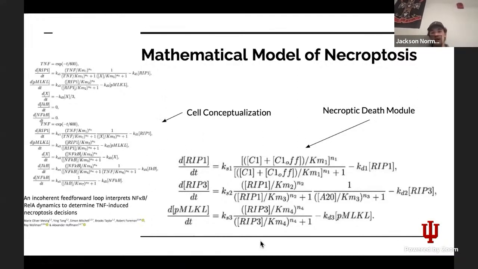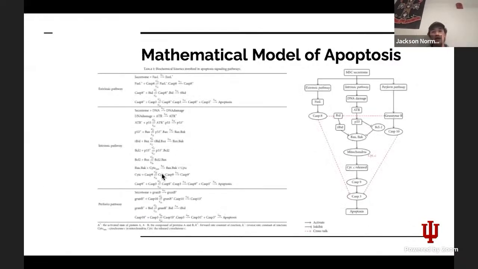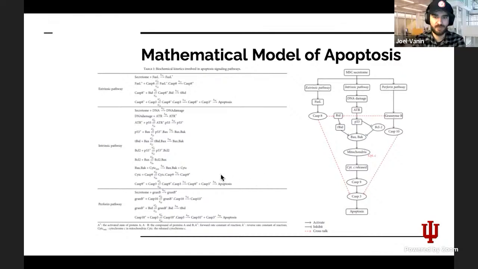And then this module right here decides whether the cell is going to undergo necroptosis or not. So hopefully, that's the next step for what we're trying to implement. And then after that, we found another model for apoptosis, and we're going to try to implement that next. Yep. So basically, those are the next steps that we are doing.